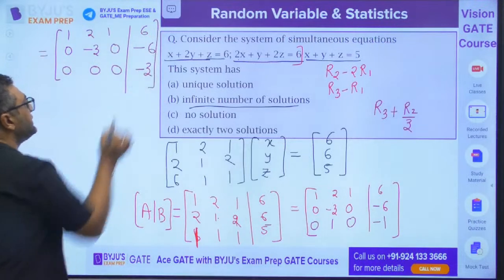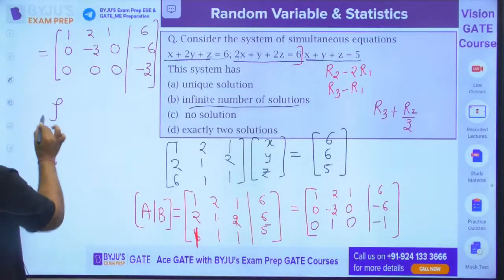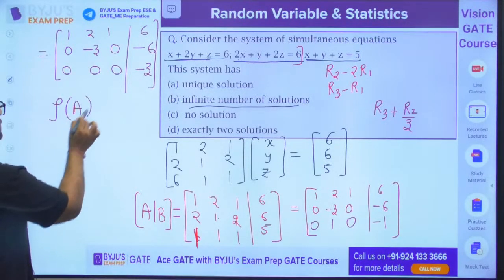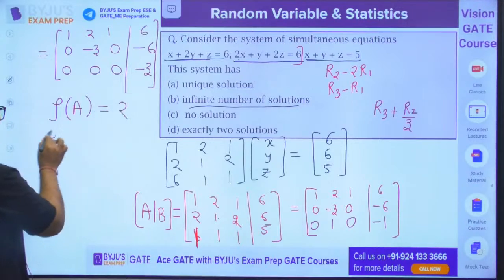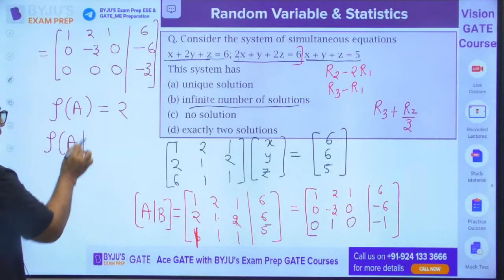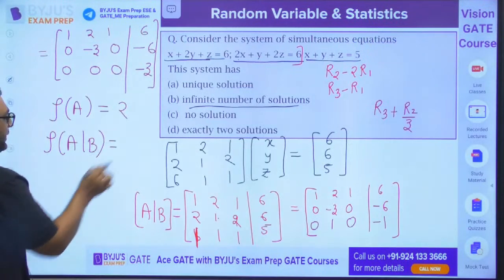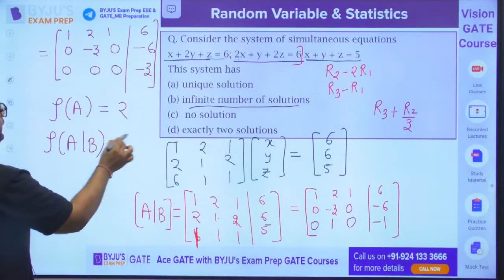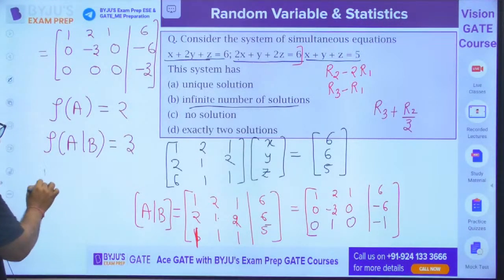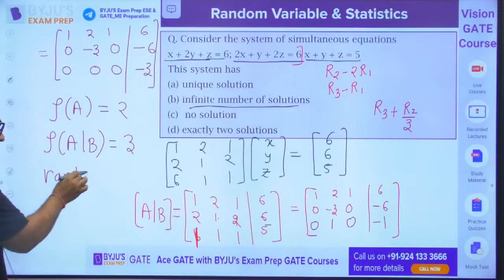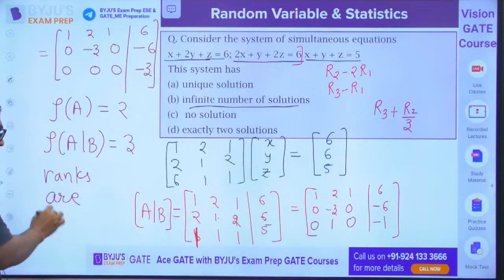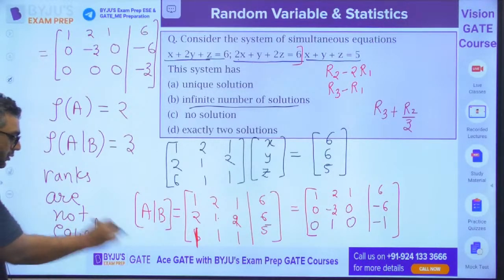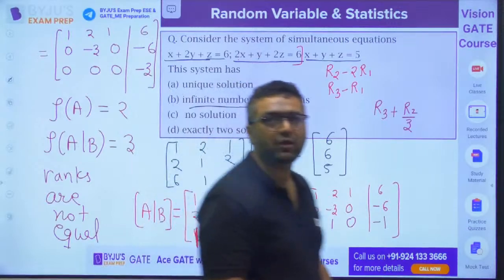So if you see this, can I say the rank of A is 2, whereas the rank of the augmented matrix B is 3. So the ranks are not equal. What can we say when ranks are not equal?